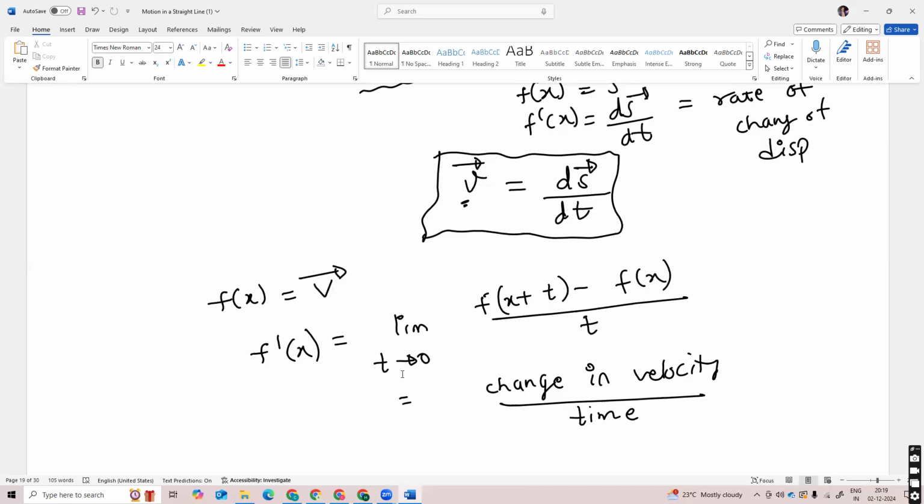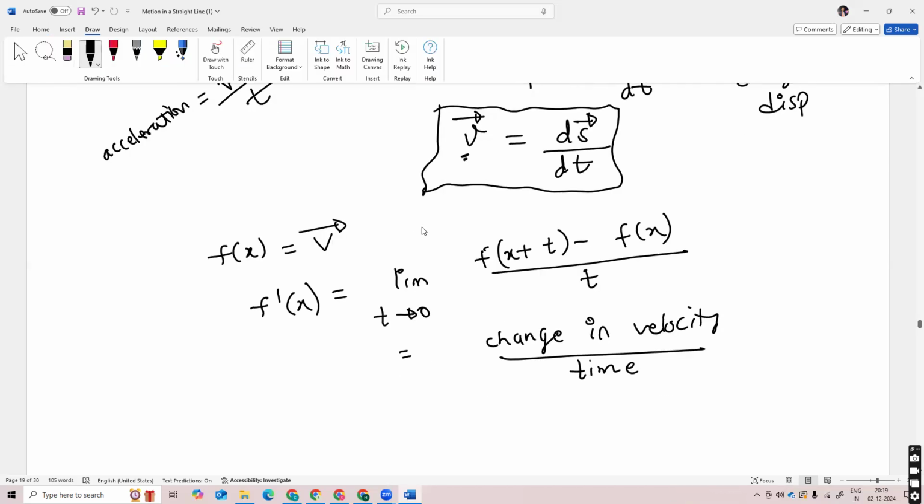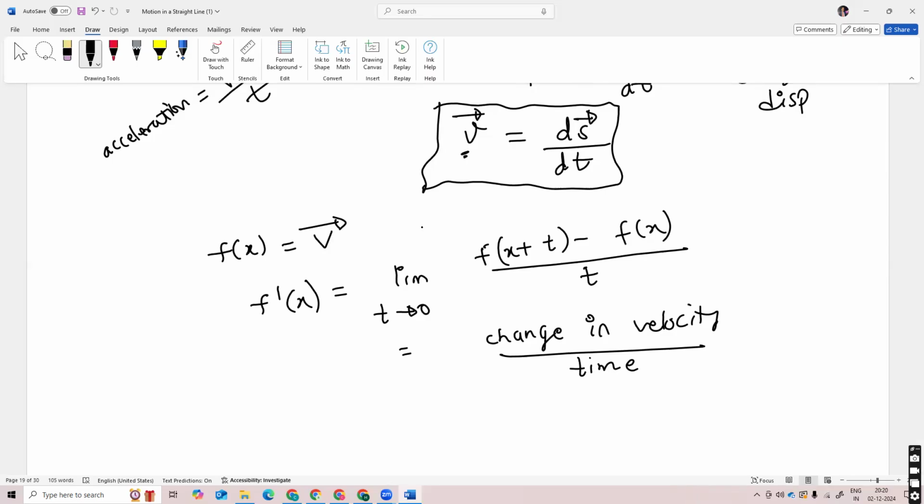Since the time we have considered is very short and almost tends to 0, from the definition of acceleration we remember that acceleration was the change in velocity, final velocity minus initial velocity, per unit time. Since here t tends to 0, it is instantaneous acceleration. You can write this f dash of x as dv by dt, and it is equal to acceleration.